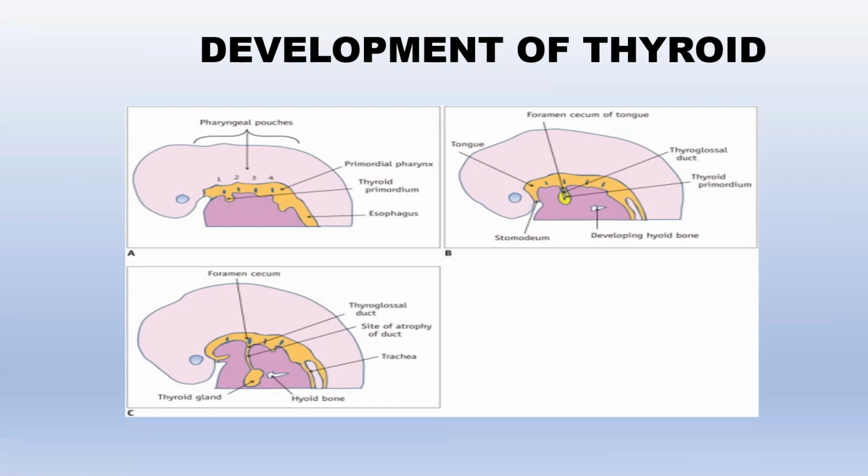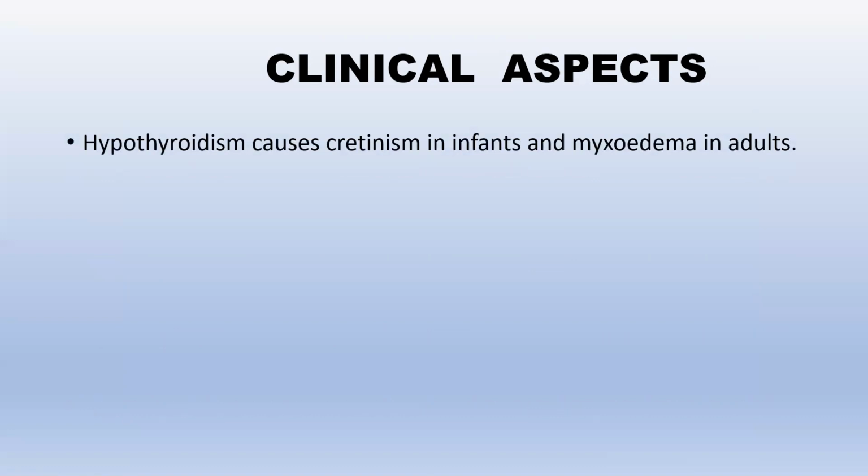Why should a healthcare professional learn it? What are the clinical applications? The secretions or hormones will be either in higher amount or in lower amount. Higher amount is hyperthyroidism, lower amount is hypothyroidism. Hypothyroidism will cause cretinism in infants and myxedema in adults, causing mental retardation and so on.